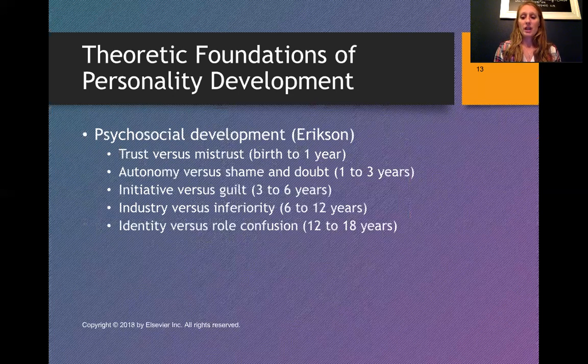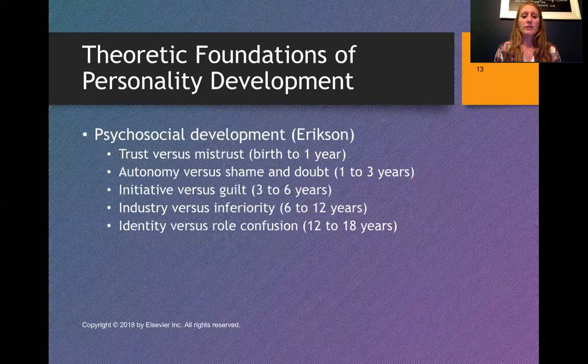Autonomy versus shame, we have bodily control, we have positive self-control. This is where willpower is going to come in. With the initiative versus guilt, this is where strong imagination develops. We have a conscience and a direction and a purpose. So there's a lot of development going on in those 3 to 6 years.